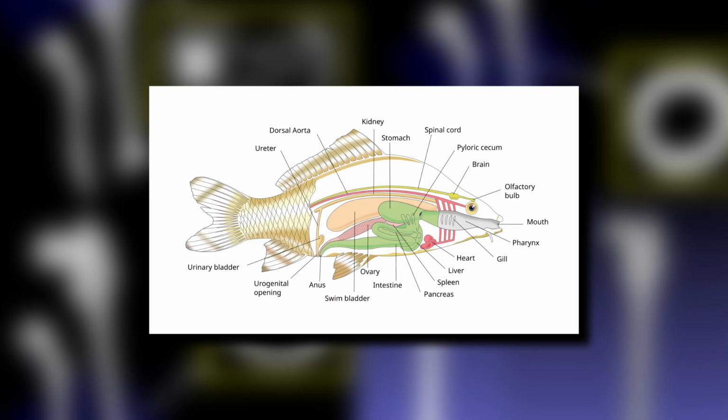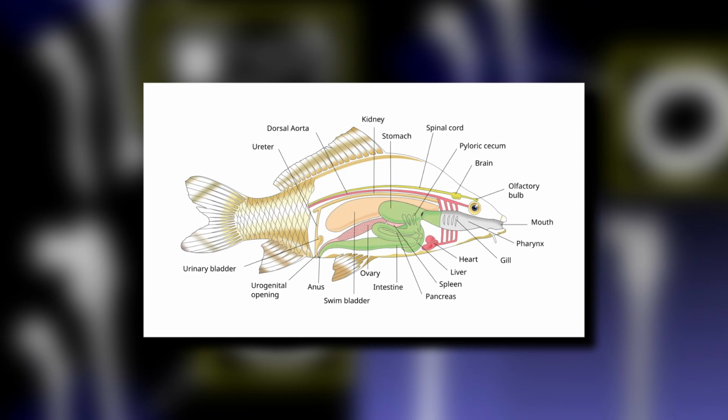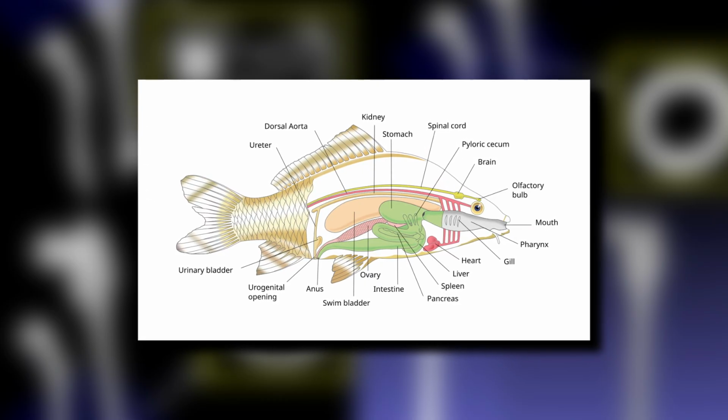But then comes another part. Sometimes these structures that have the same origin don't perform the same function. For example, in the fishes, the fishes have limbs, but these limbs have the same origin as our hands and legs, but they don't perform the same function.